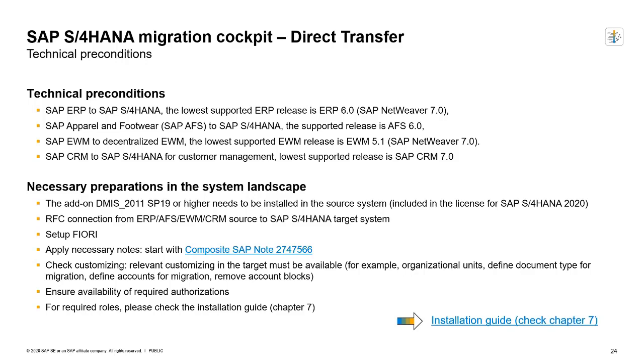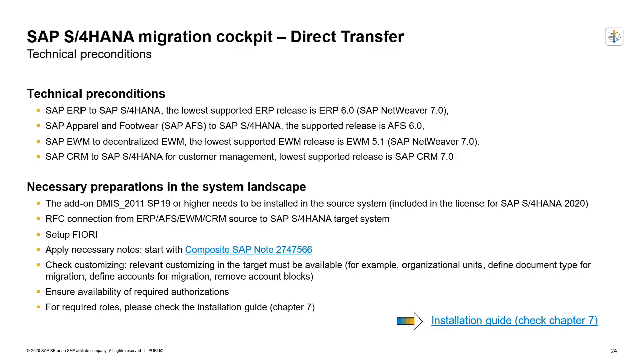There are also necessary preparations in the system landscape that you should check. First of all, the add-on DMIS needs to be installed in the source system. You need to have an RFC connection from your source system to the SAP S4HANA target system. You need to set up Fiori, as Migration Cockpit is the Migrate Your Data app.